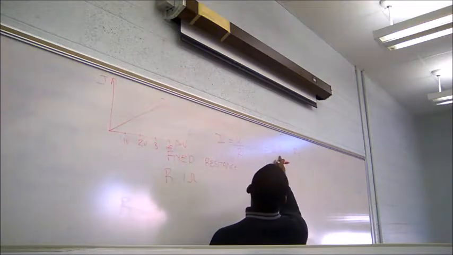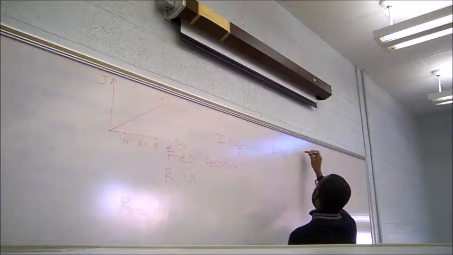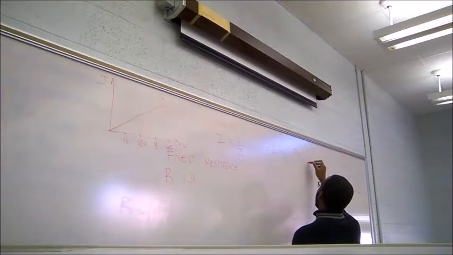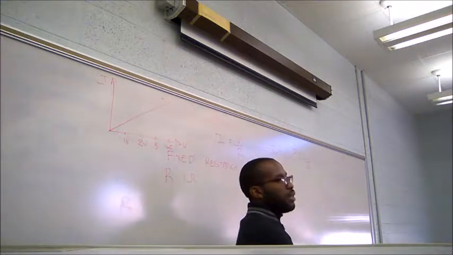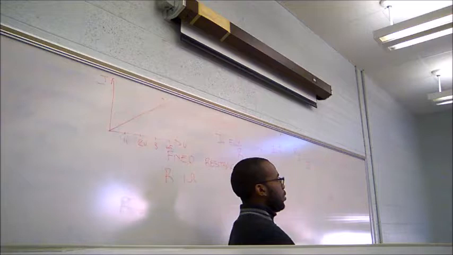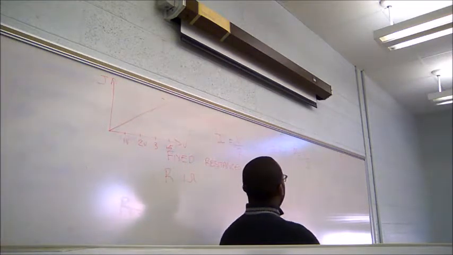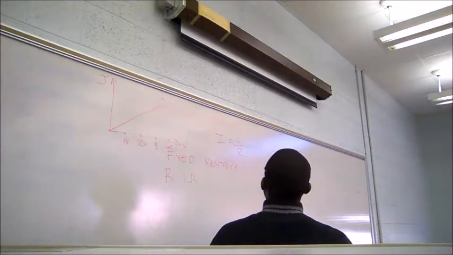If we want resistance here, we need to divide by current, right? So what do we have left? V over I. So Ohm's Law just tells us the relationship between voltage, current, and resistance. Very simple. If you remember one of them, you can get the others. So again.